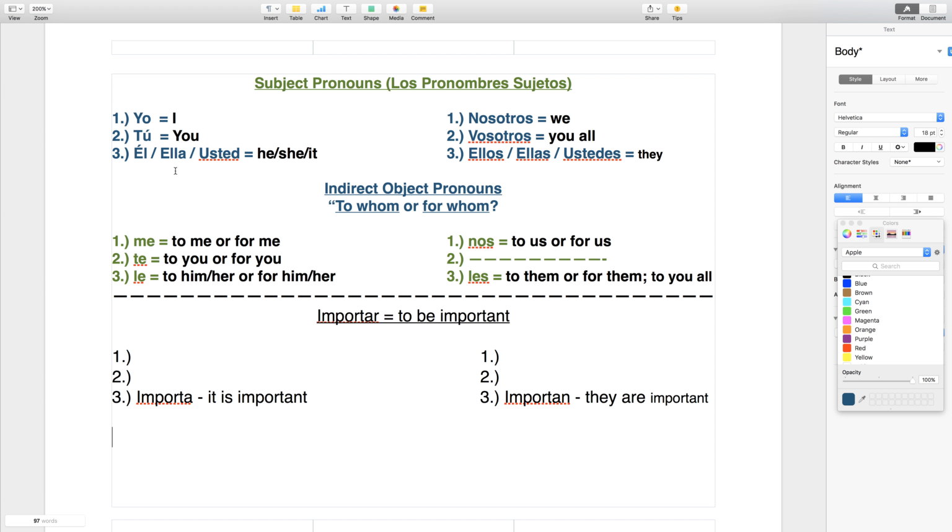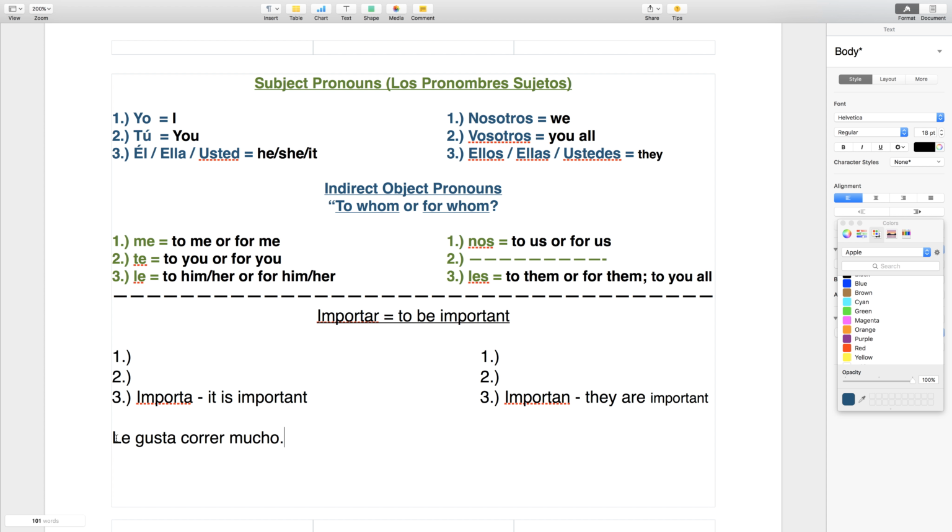Last thing here. When we're looking at the third singular, we really have to clarify whether it's he or she, okay? Because I'll give you an example of what this looks like when you don't clarify. So if we said le gusta correr mucho.